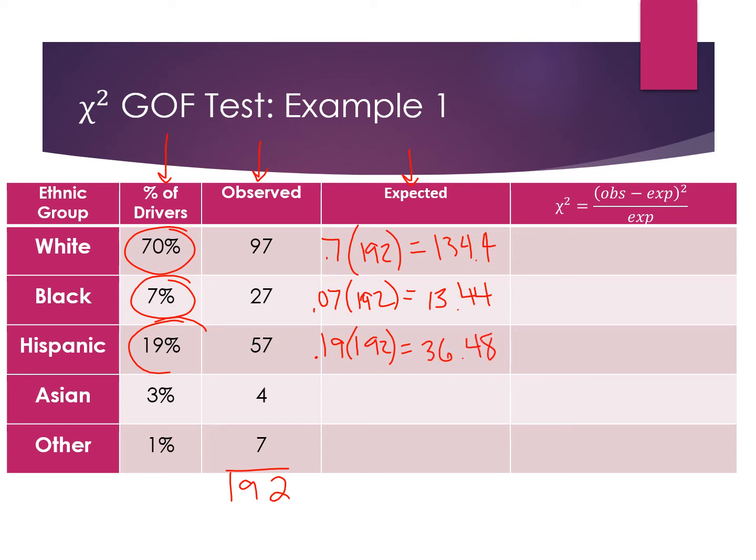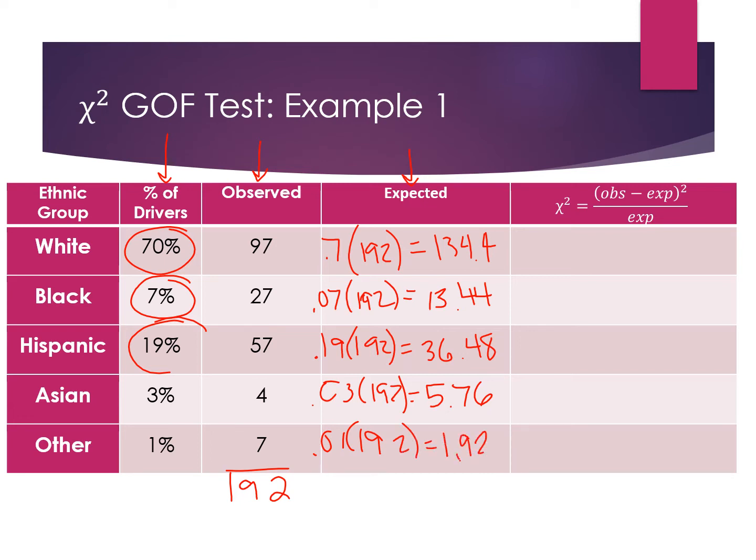And then 3% of 192 is 5.76, which is how many Asians we would expect. And then 1% of 192, 0.01 times 192, would be 1.92.